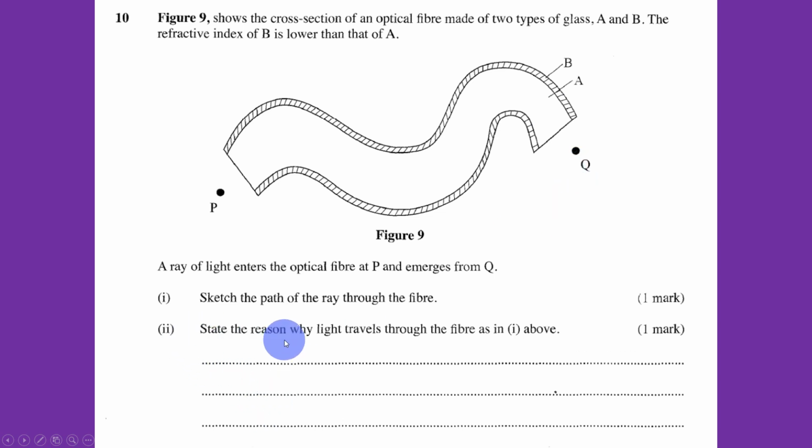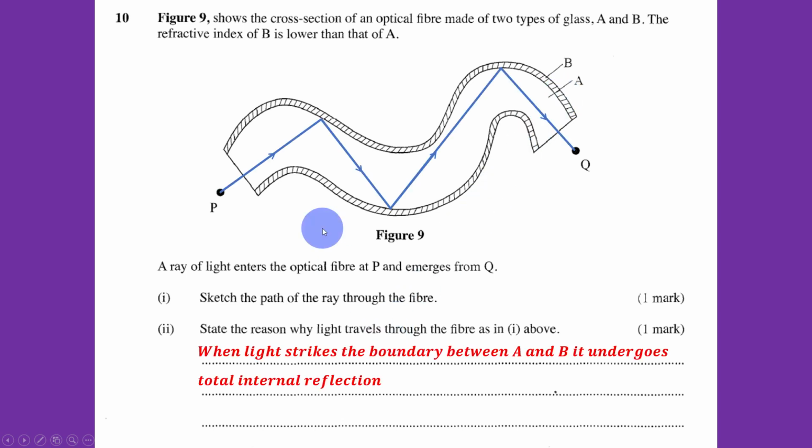So state the reason why light travels through the fiber as in one above. So it's basically due to total internal reflection occurring at each point where it strikes the boundary between glass fiber A and B. So this is the possible path of the ray, like that.